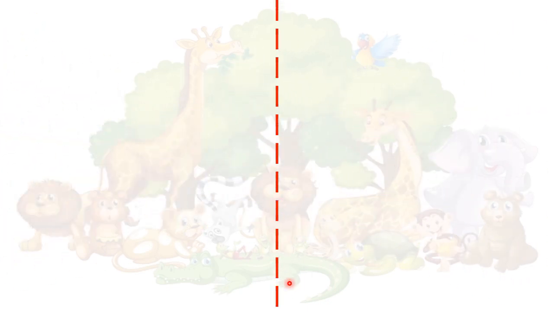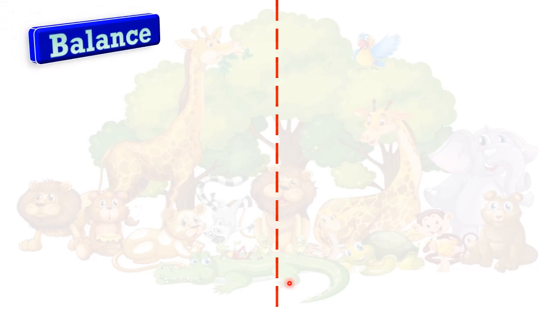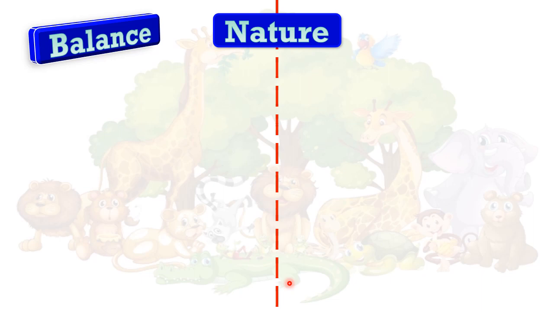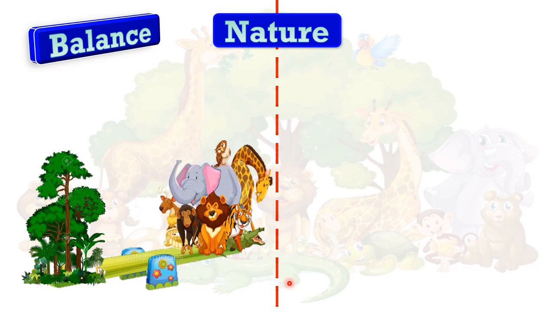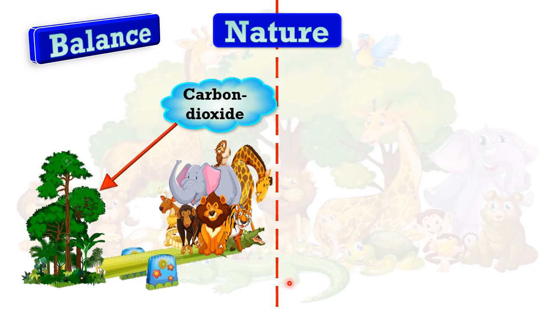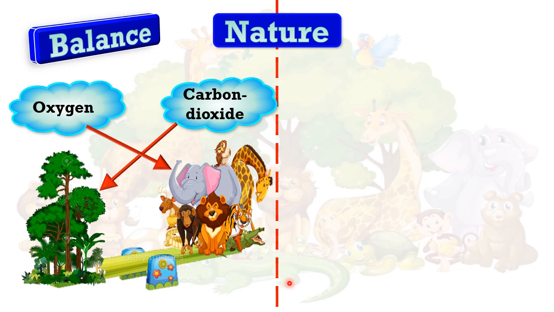Now let's understand how balance is created in nature. The balance of nature is the state where the interdependence of plants and animals is maintained properly. And how is it maintained properly? It is maintained when energy is transferred properly from one living being to another. This situation is known as interdependence, children.